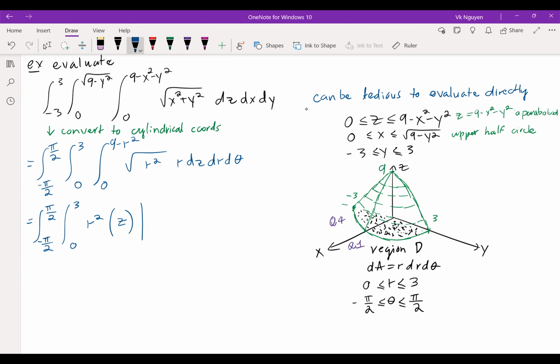Then z goes from 0 to 9 minus r squared, dr d theta. How nice. It's the r squared times 9 minus r squared.